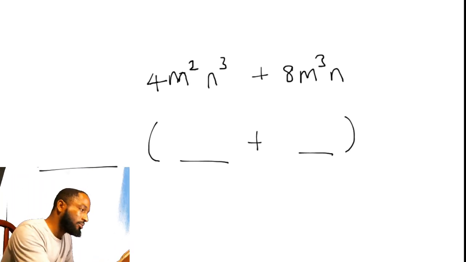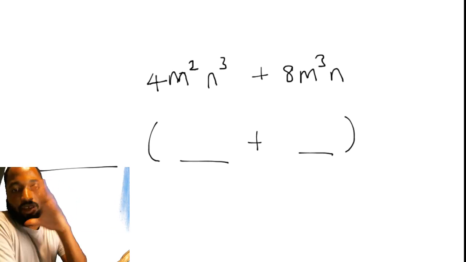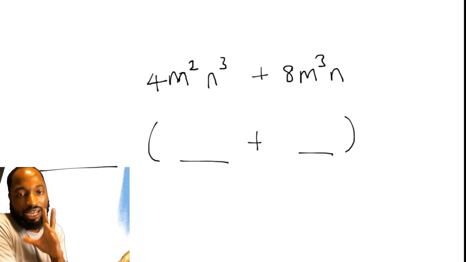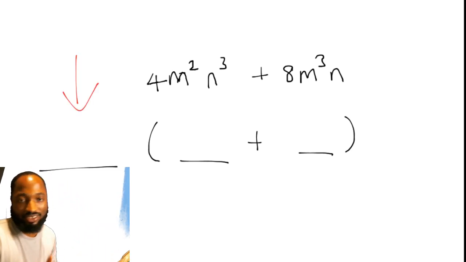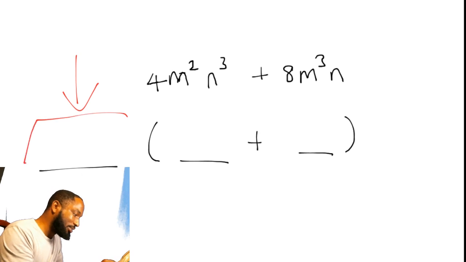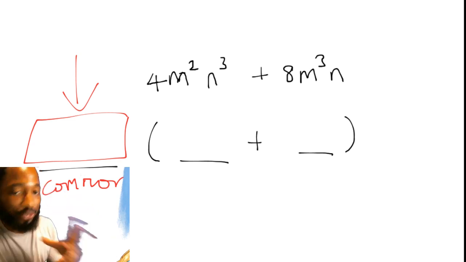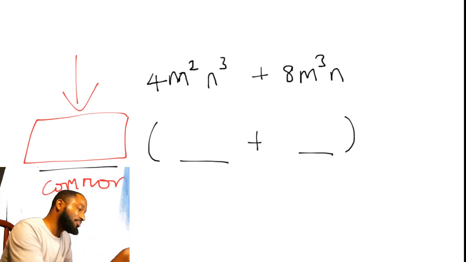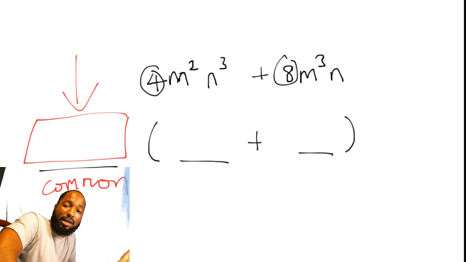Let's go through. You need to treat everyone as a thing that could make it to the factors spot. Remember, there's a factors spot. This is what is common. Everyone has an equal opportunity to make it today. So let's check the numbers. What is common among those numbers?